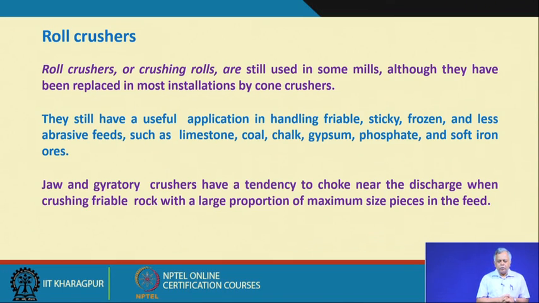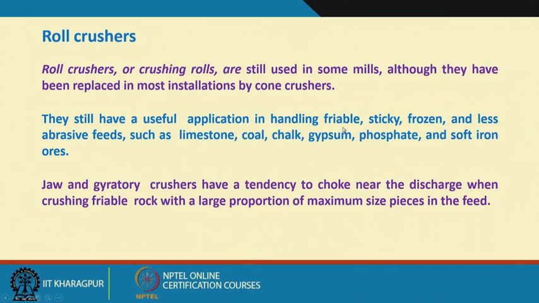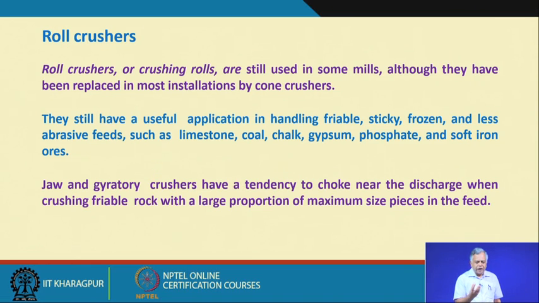But they still have a useful application in handling friable ore, because in a cone crusher, repeated compressive forces will break a friable ore down to much finer sizes than desired. Sticky material is the same, because the surface of the cone crusher may be coated with sticky material and the crushing efficiency may be reduced.